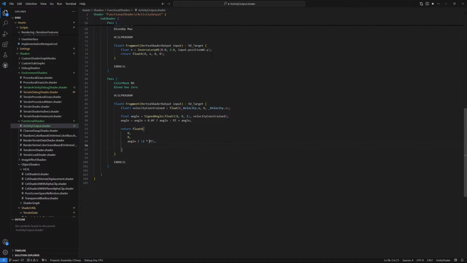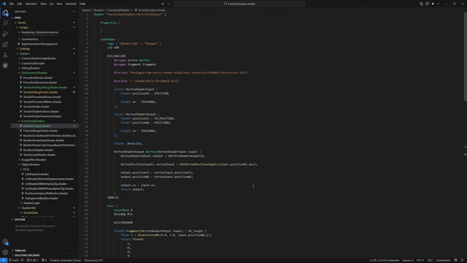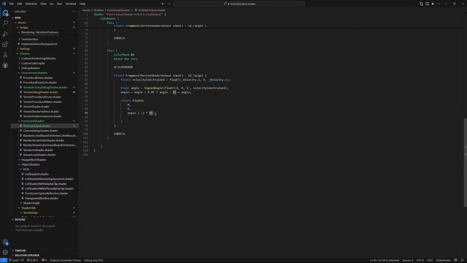I don't know what the difference would be if this one was marked constant, or defined as it is now, or if it was a variable. I don't know.